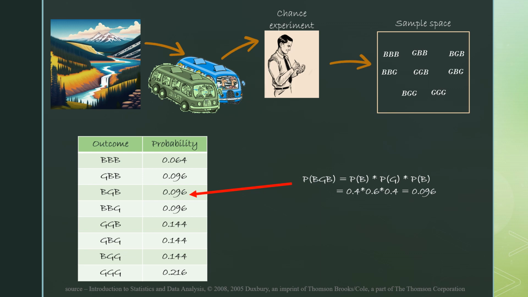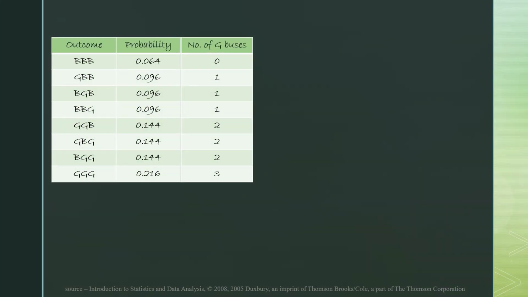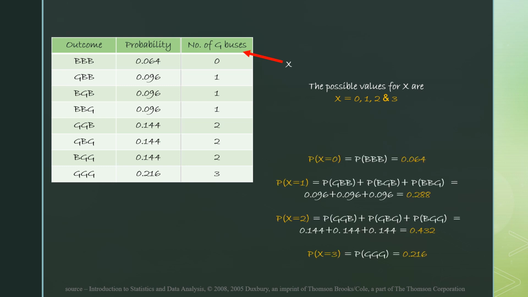And finally, let's add the column that records the number of arrivals of the green bus in each trial. If the number of green buses in a given trial is chosen as the random variable x, then the possible values for x are 0, 1, 2, and 3. And their respective probabilities are: probability of x equals 0 equals probability of BBB, which equals 0.064.